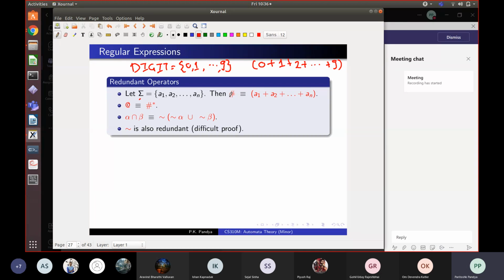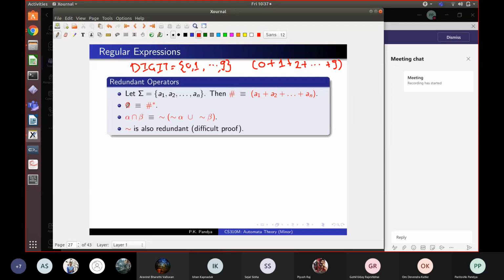So hash is redundant. At can be written as hash star. So the idea is that wherever hash occurs, we can substitute it by this. So the left hand side can be substituted by this, and hash can be removed from our expression. So we'll get a simpler expression, maybe larger in size, but which will not be using hash. Similarly, wherever at occurs, we can first substitute it by hash star, and then this hash we can substitute by A1 to AN, and hence we will get an expression without hash as well as at.